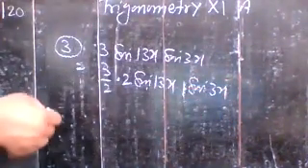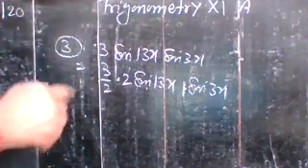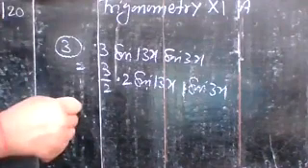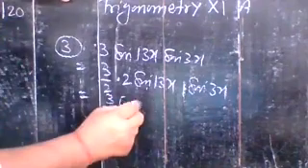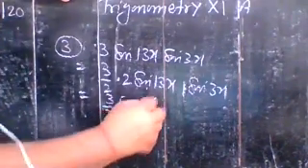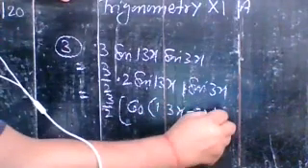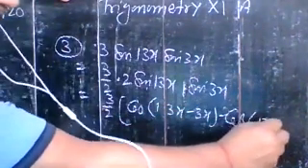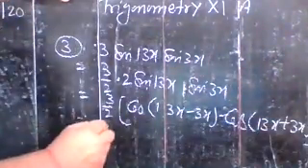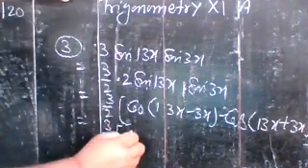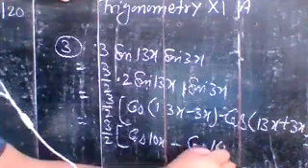So what is the identity of 2 sine x sine y? That is cos x minus y minus cos x plus y. So applying it, 3 by 2 into cos of 13x minus 3x minus cos of 13x plus 3x. And simplifying, 3 by 2 into cos 10x minus cos 16x.